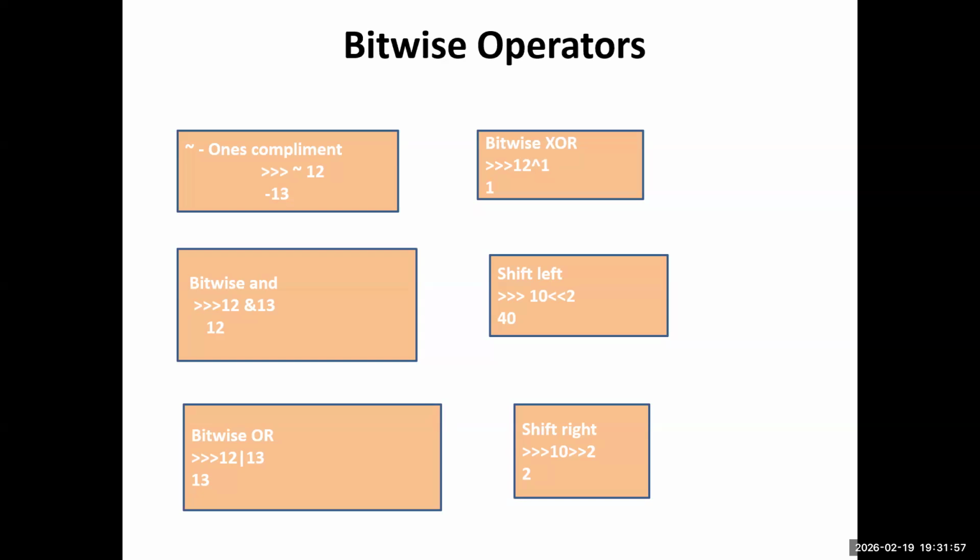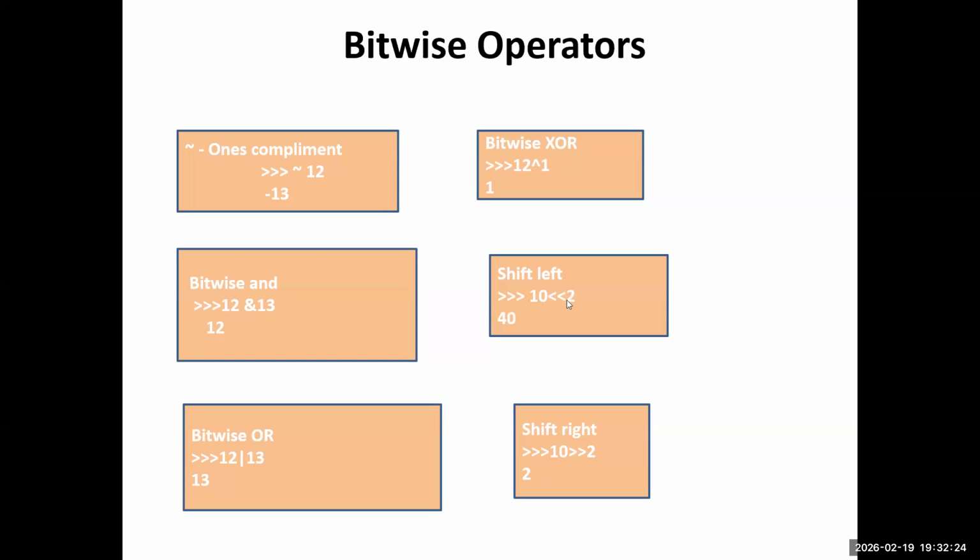So when you apply the left shift, the result for 0011 is 0110. If it is a right shift by one position, the result is 0001. So this is the result of shift left and shift right.